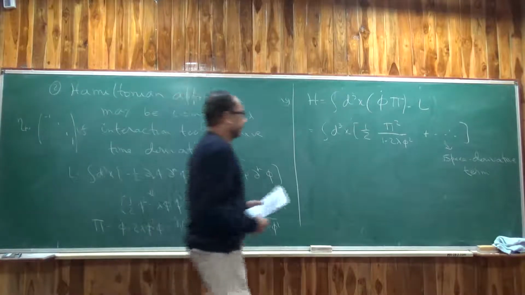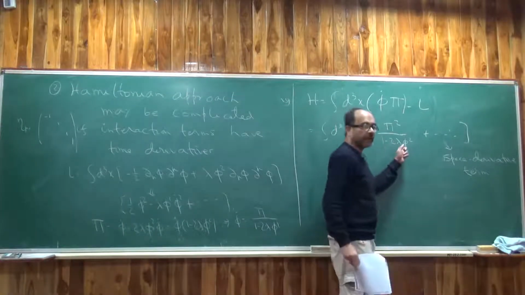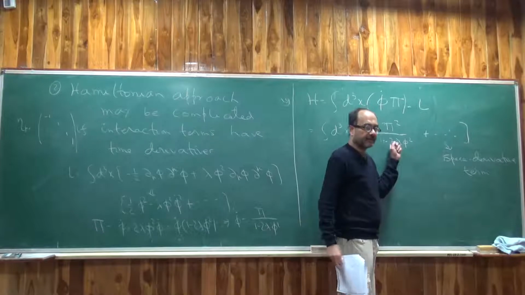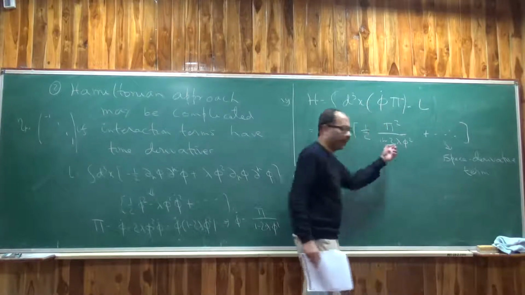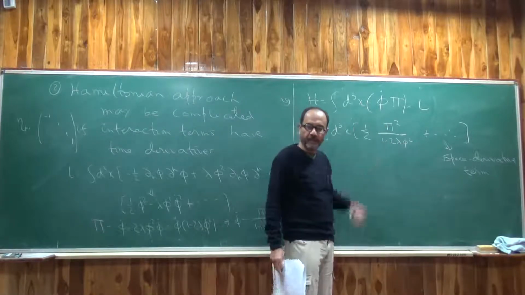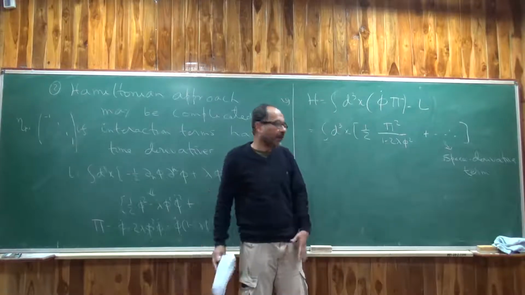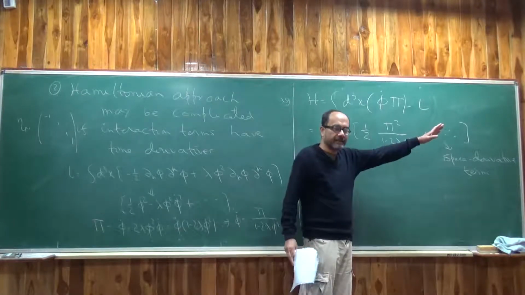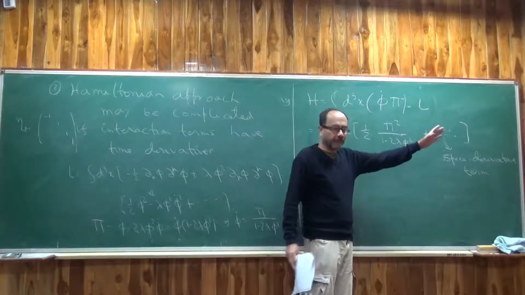But you see that here we have something in the denominator. Now of course in quantum field theory, if you have something in the denominator, it's a problematic situation. But in perturbation theory, what we will do is expand this out in a power series in lambda and derive the Feynman rules from there.